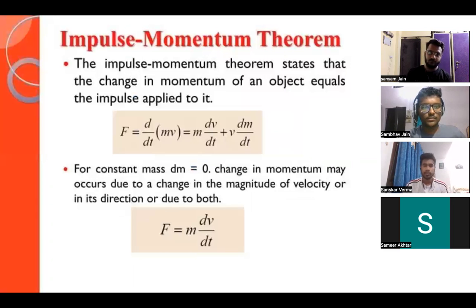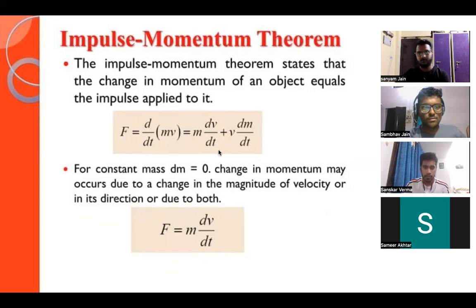Now talking about the impulse momentum theorem. The impulse momentum theorem states that the change in momentum of an object equals the impulse applied to it. Looking at the formula, force is equal to the derivative of mass times velocity.